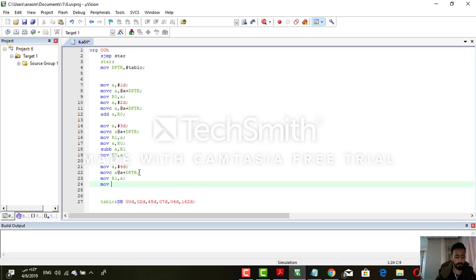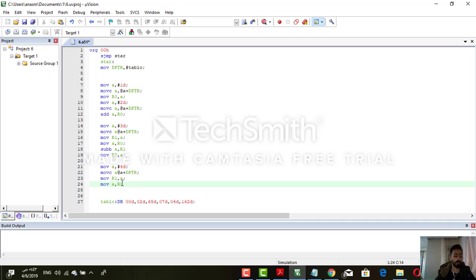Now we move the value of array 0, which is the C question's result, to the accumulator again.